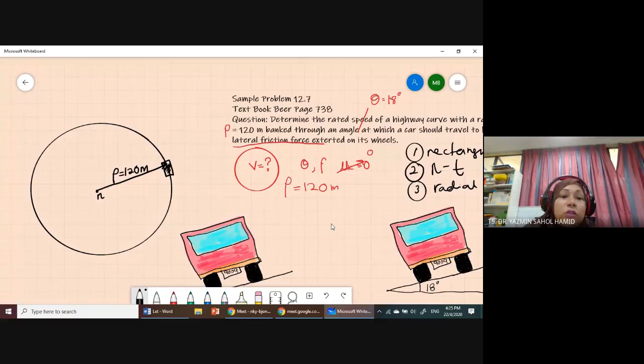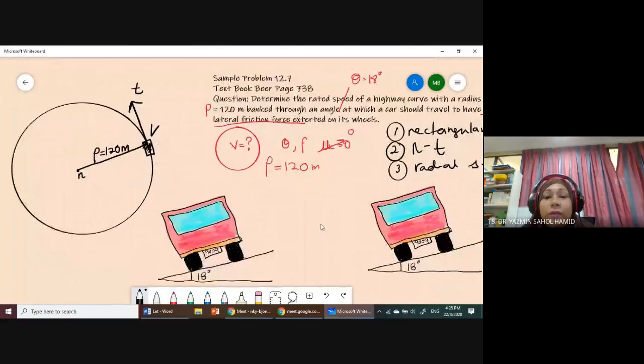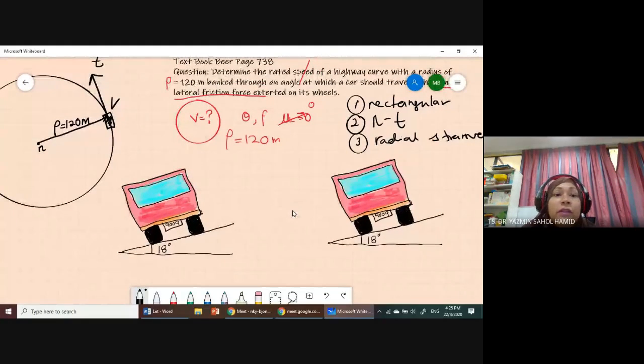What it wants you to find is the velocity, and we know velocity is tangent to the path.